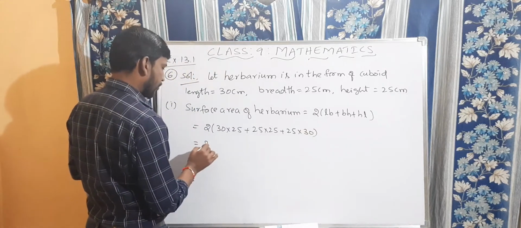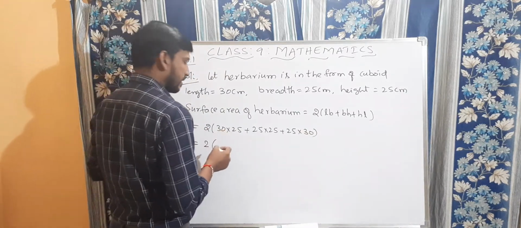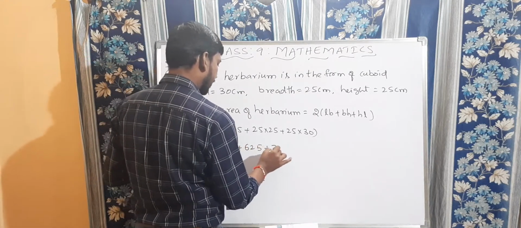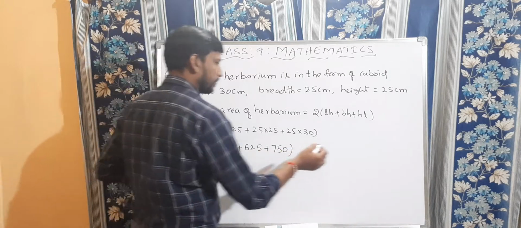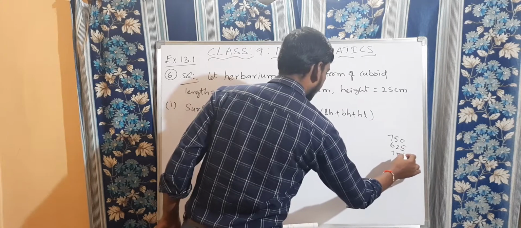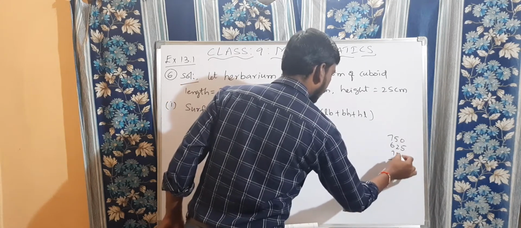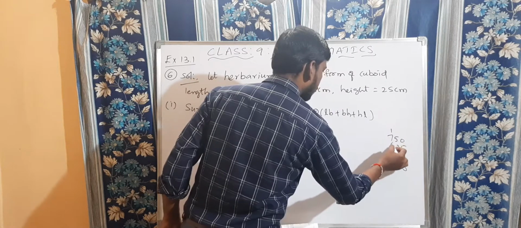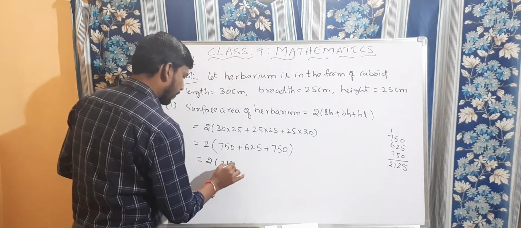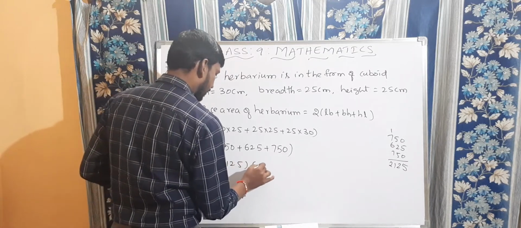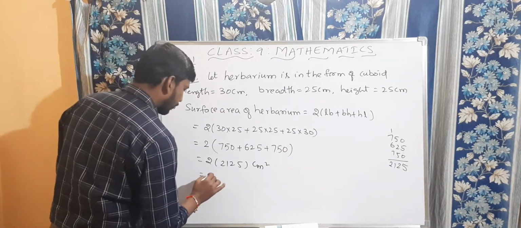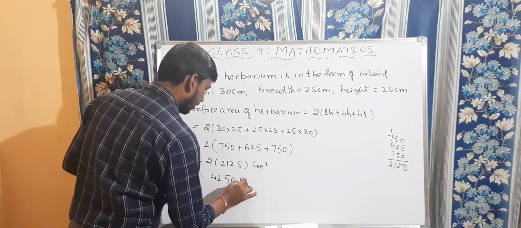Which implies 2 into (750 plus 625 plus 750). Add these three: 750, 625, again 750. This is 5, 10, 12, 1 carry over, 14, 20, 21. So this is 2 into 2125 centimeter square, which implies 4250 centimeter square.